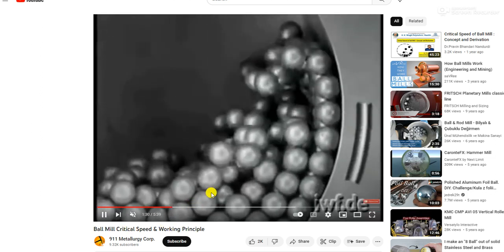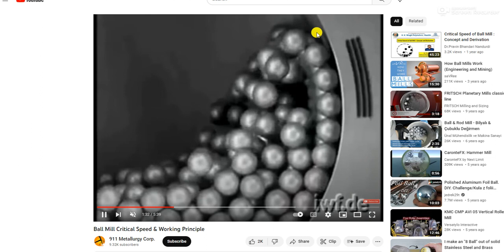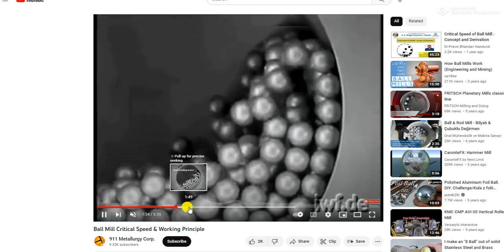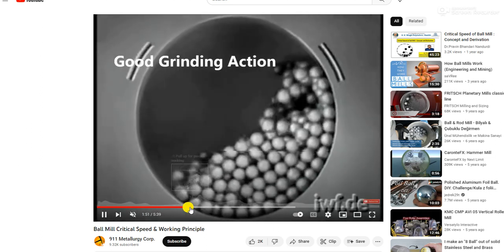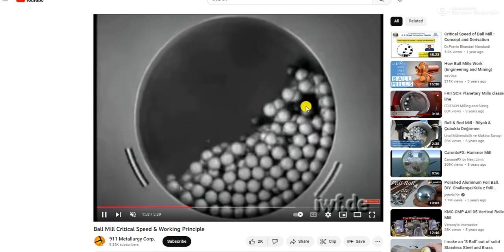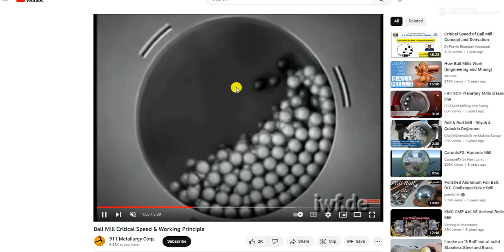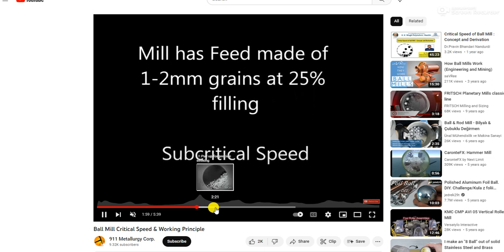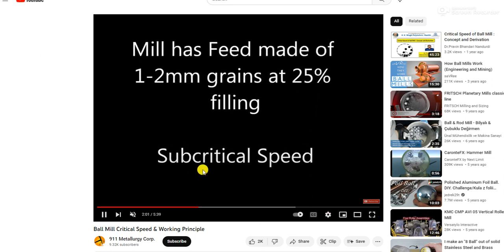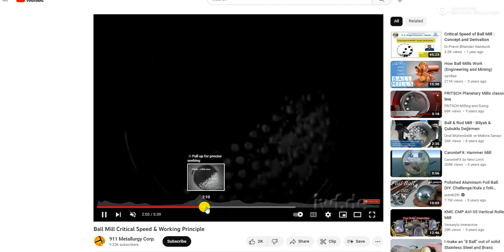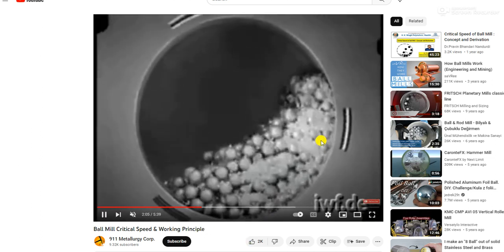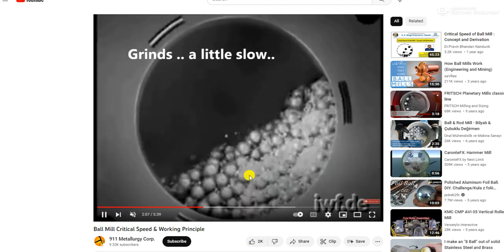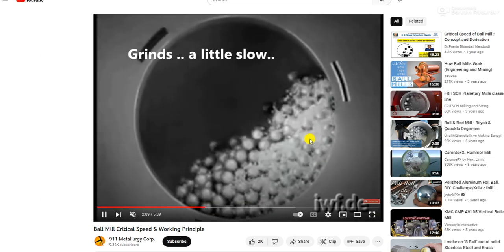Here you can see this ball mill revolving, and as the speed increases, the grinding action is also occurring. At this subcritical speed you can see the particles being ground together with these balls.